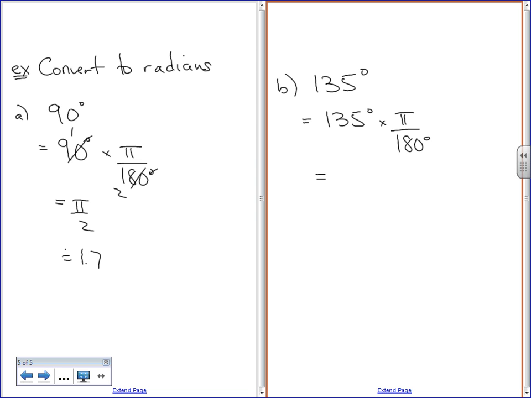Essentially it boils down to simplifying the fraction 135 pi over 180. The pi is not going to go anywhere, so leave that out when you put it in your calculator. Just put 135 over 180 and hit equals. It'll simplify it for you automatically. Get to know your fraction button. If you don't know how to use it or where it is, ask them to show you how to do it. So what does that simplify down to?